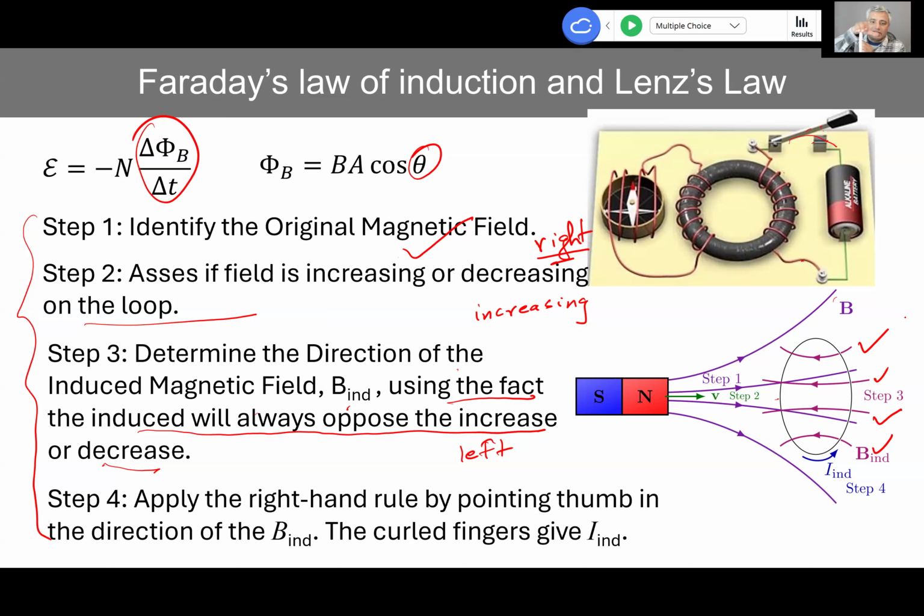It's kind of the reverse of finding the field. Before, we found the field by lining up the thumb in the direction of current; now we are doing the opposite. We know the field already, which direction it has to be, then we use the same rule, but this time figure out the current. So it tells me which way the current has to be circulating, and I'm showing something like this.